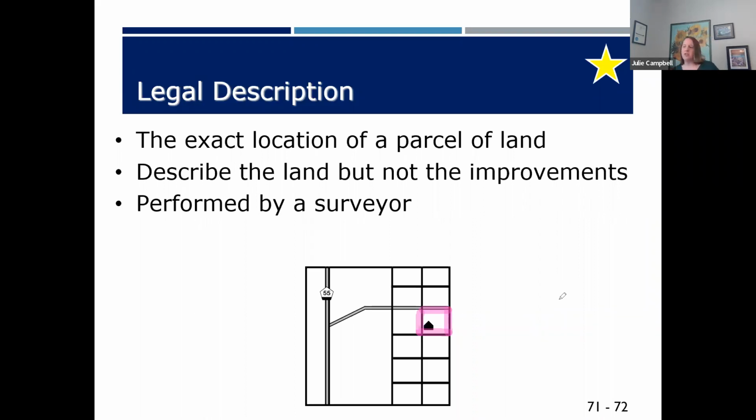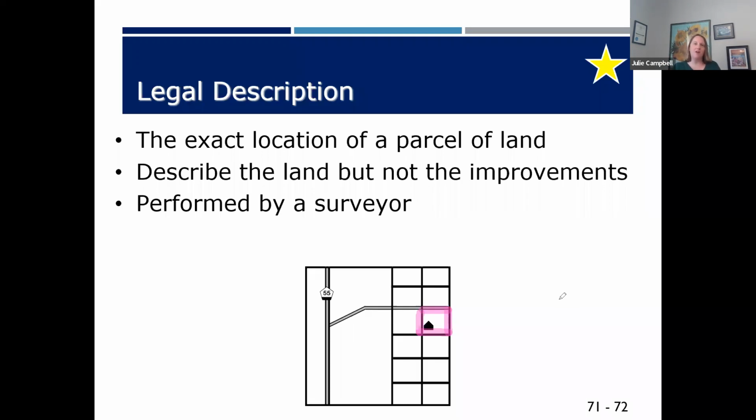The legal description can only be identified by a surveyor. Surveyors go through surveyor school. They got to pass a test. They're licensed. This is another one of these units that's teaching us to stay in our lane. When your buyers have lots of questions about what land am I getting, where are my property lines, I can't run out there and tell them.